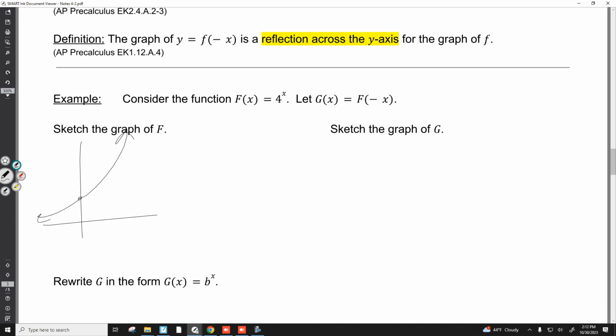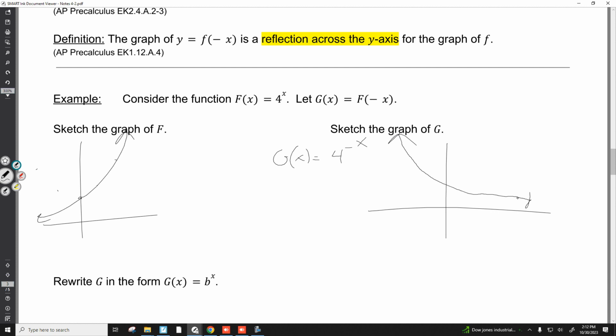If I sketch g of x being 4 to the negative x, everything's going to reflect over the y-axis. Looks like that. So this point popped over there, that point popped over there. So all of a sudden, it reflects over the y-axis.